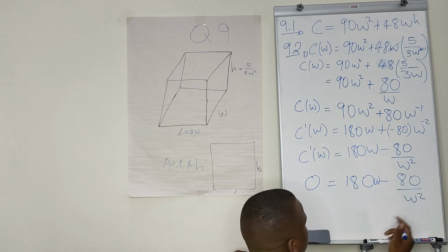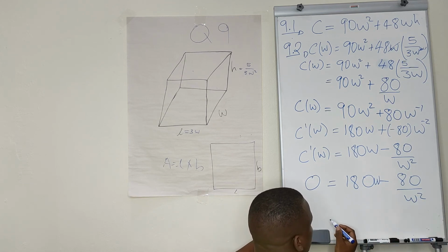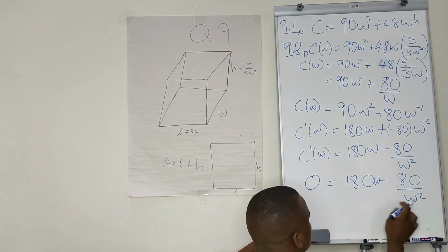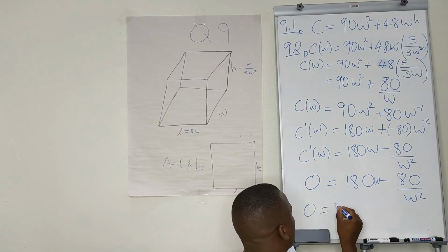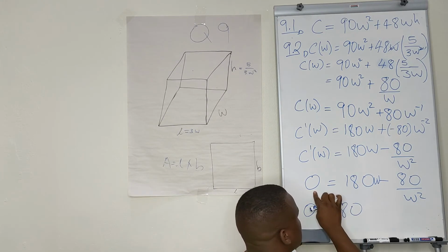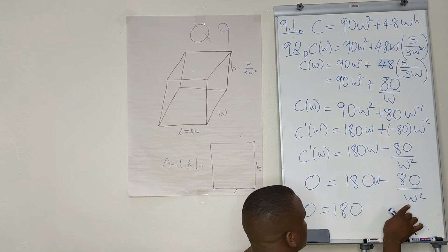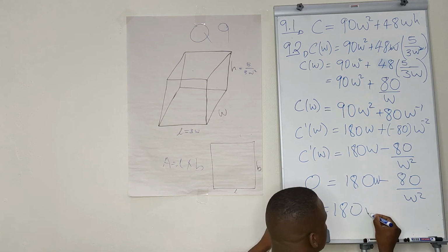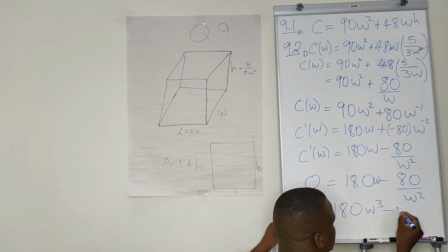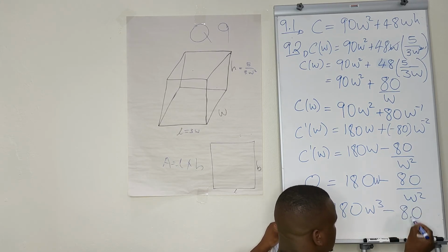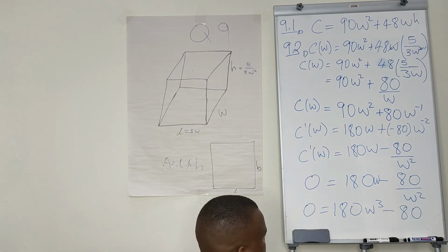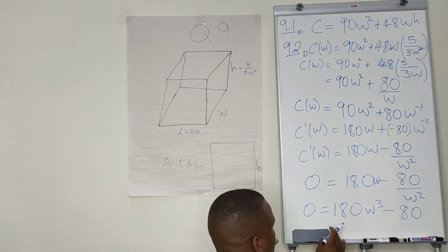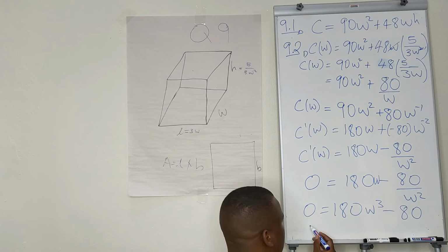So multiply throughout by w squared. What do we have? We have 0 times w squared, 0, equal to 180w times w squared, 180w cubed, minus 80. So what do we do? Transpose 80 to the right, and negative 80 becomes positive.